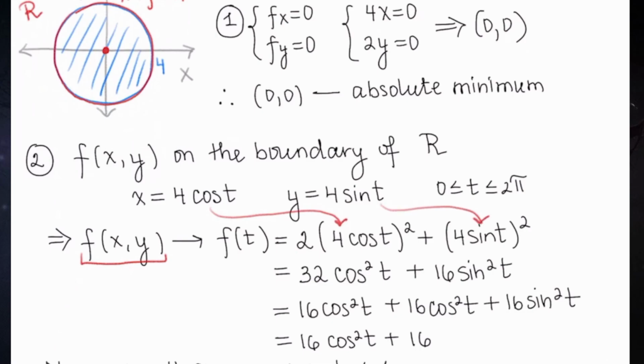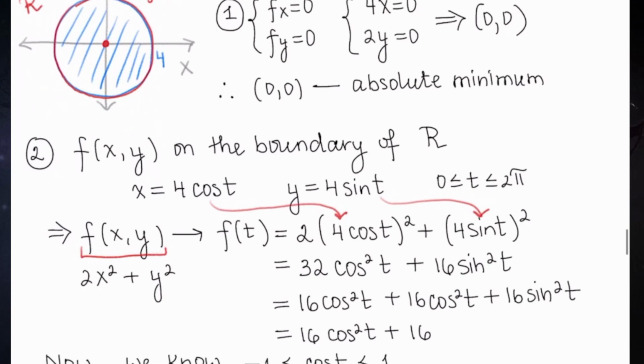Remember what our function was. Let me go ahead and remind you: our function was 2x squared plus y squared. So I'm substituting 4 cosine t for x and 4 sine t for y. Once I do that, we get the following expression: 32 cosine squared t plus 16 sine squared t.